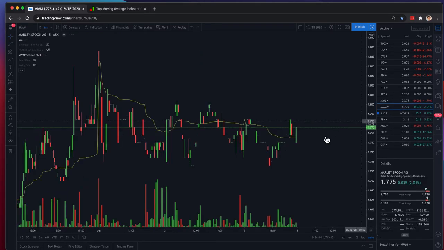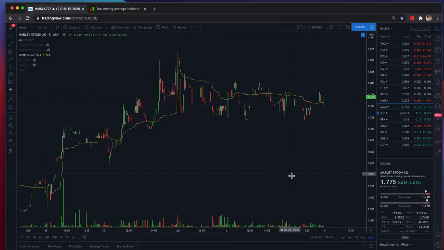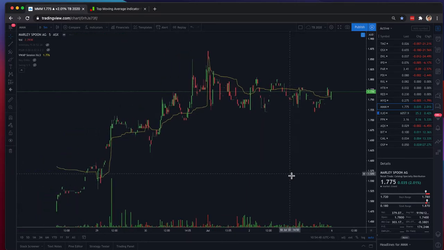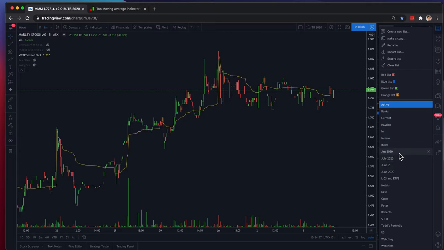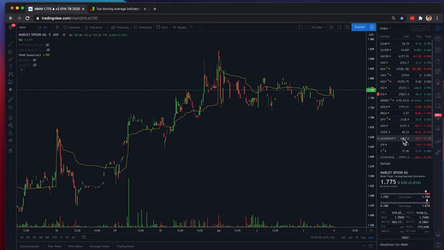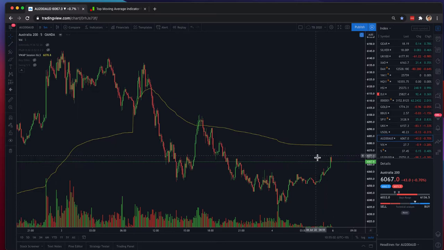Let's try Marley Spoon. A bit harder on this one because it's so choppy. Let's go to an index just for argument's sake.